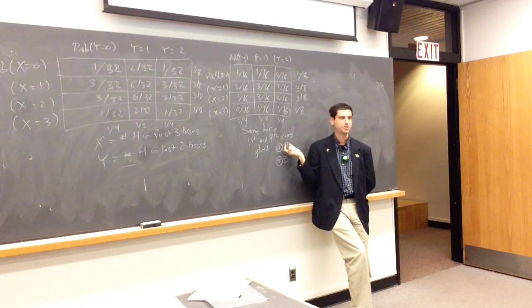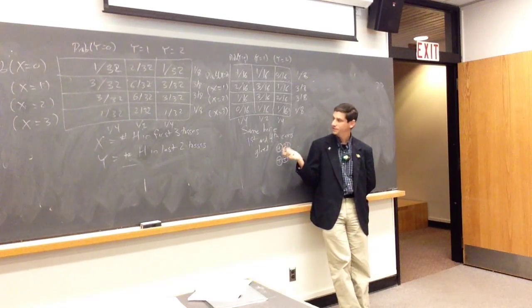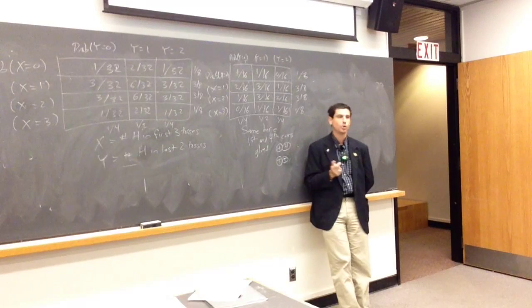Now, in this case, the dependence is terrific. If I know the value of the first coin, do I know the value of the fourth coin? Yes. If I know the value of x, do I know the value of y? No. There's some correlation between knowing x and knowing y. If x is 0, what do I know about y?